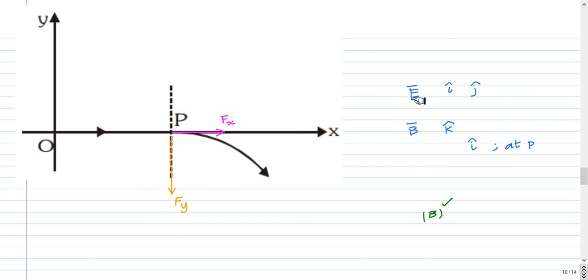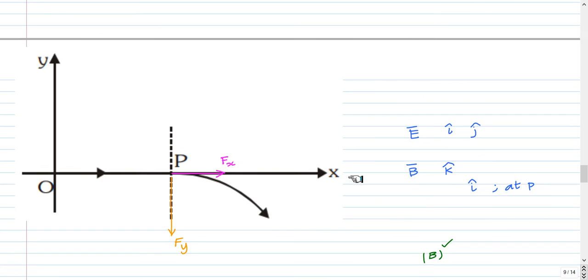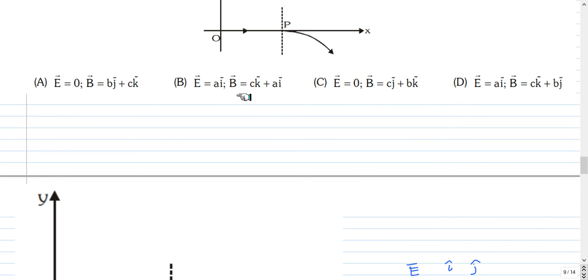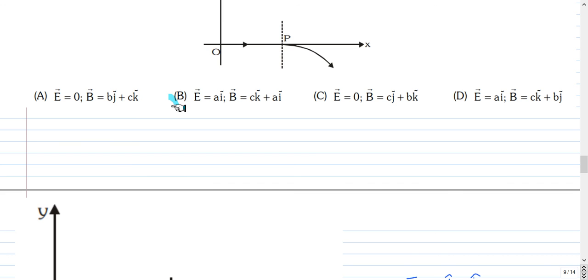So the electric field can be along i cap and/or j cap because that will give force in the x direction and y direction, and the magnetic field along k cap will give a force in this direction, contributing to Fy. The magnetic field can also go along the i cap direction because at the point P the direction of velocity is also i cap, so the magnetic field can be along k cap and i cap. So the correct option is option B.